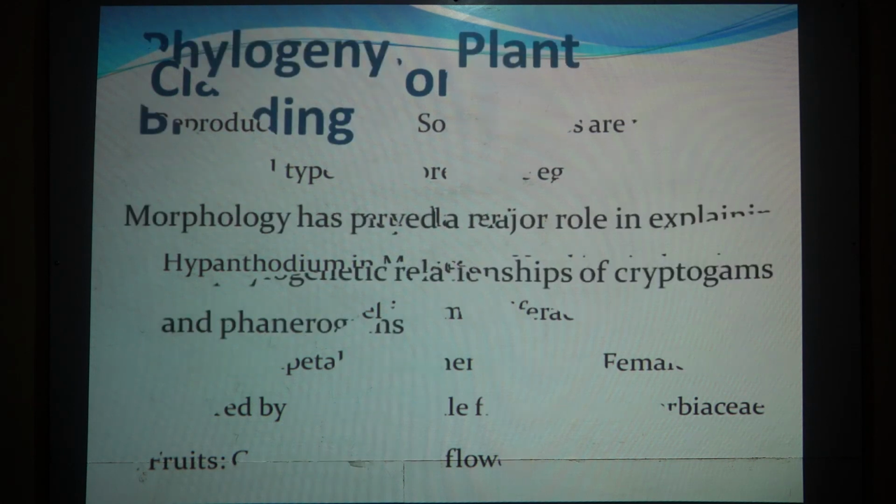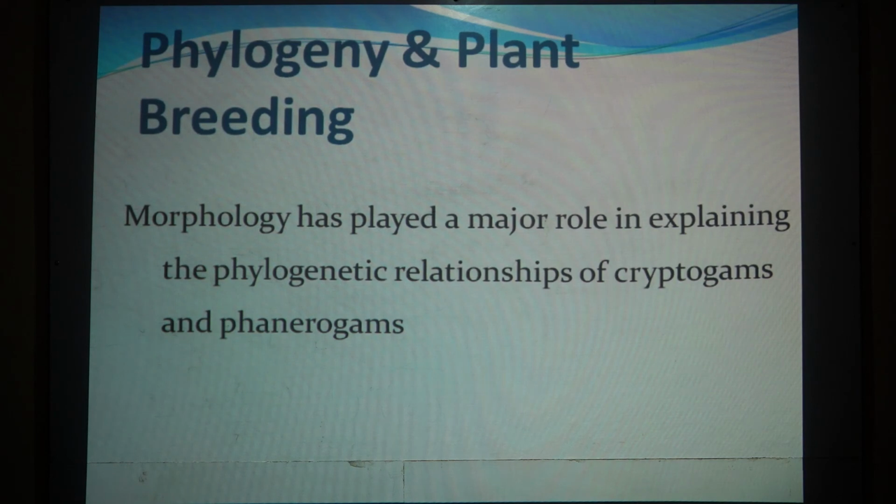Then next, phylogeny and plant breeding. An evolutionary sequence, that is, the origin and interrelationship between different plant groups, is often interpreted on the basis of phylogenetic relationships between them.